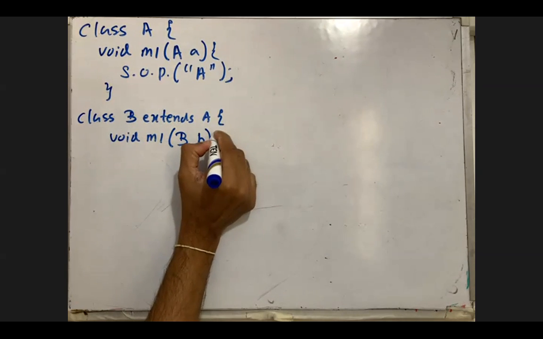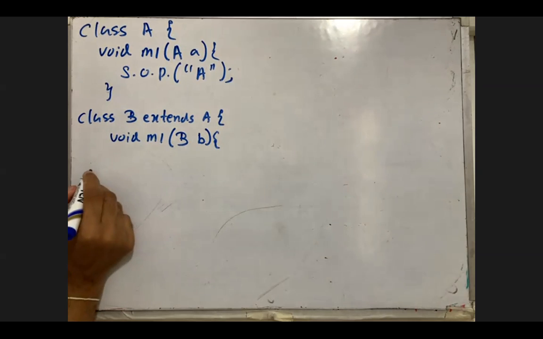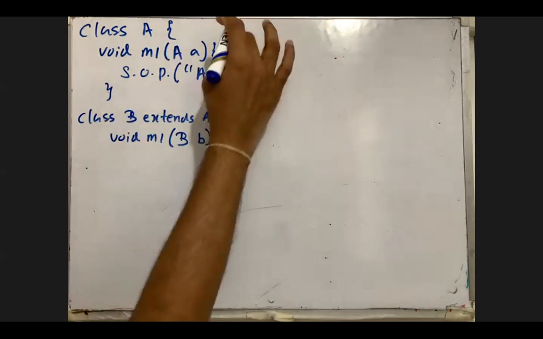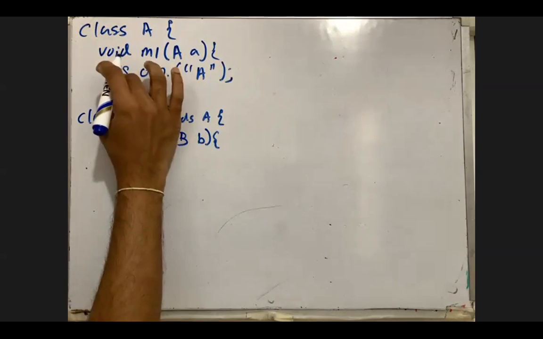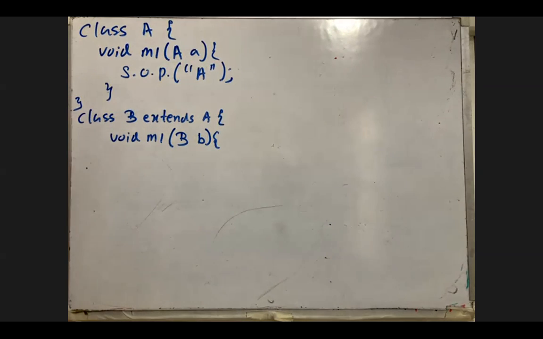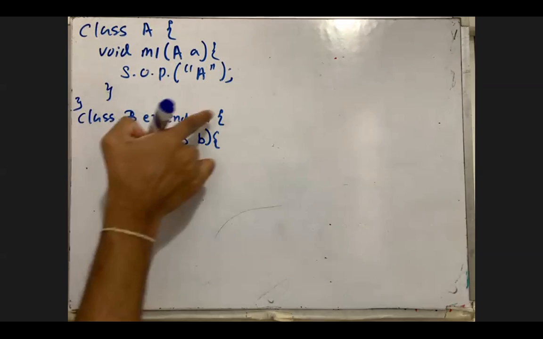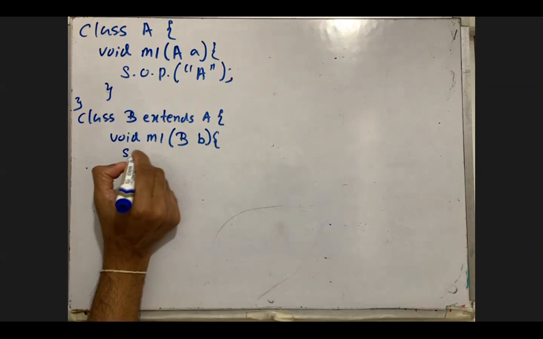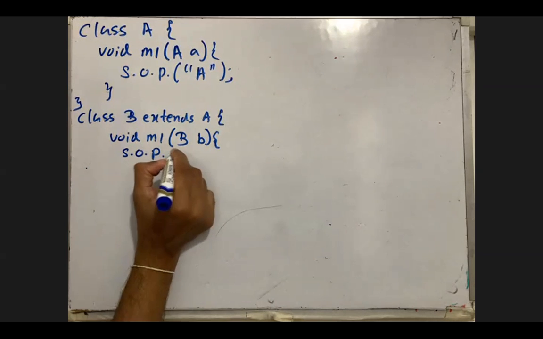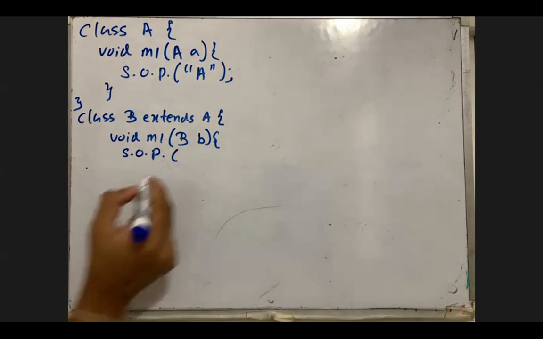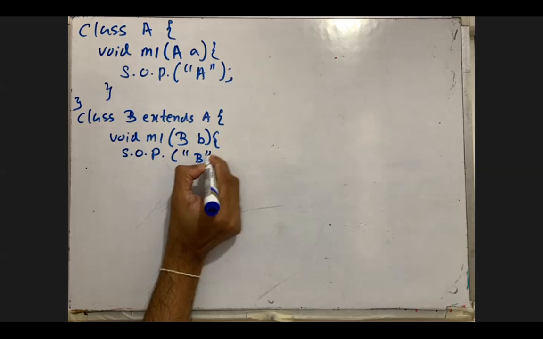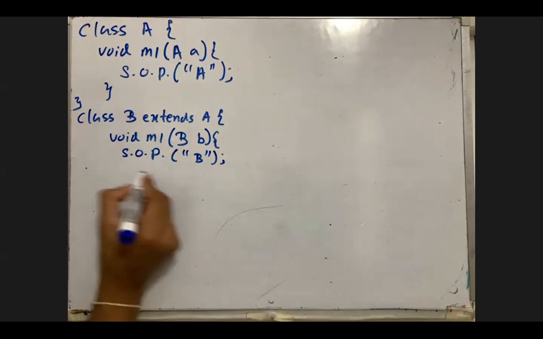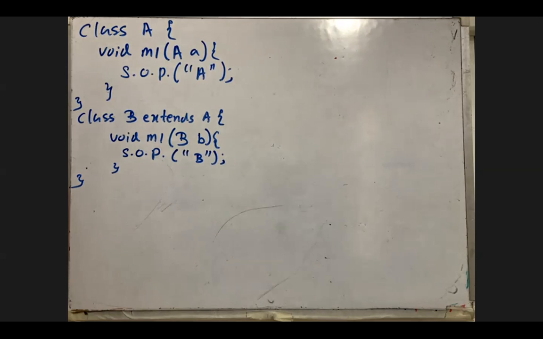The variable is B. Here, what is the output? Here, open, close, and here this is the closing bracket of this class. Here, open in void B. System.out.println. You have to print B. After that, this is the close of that class.